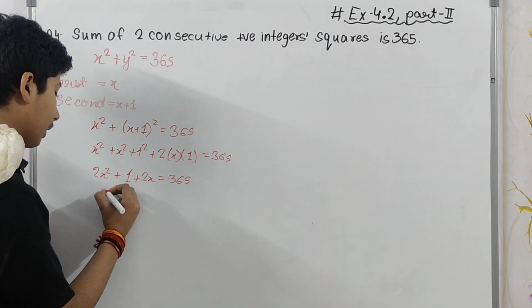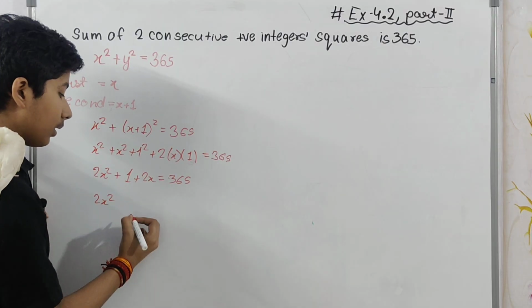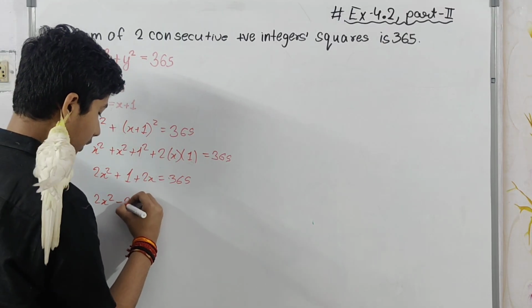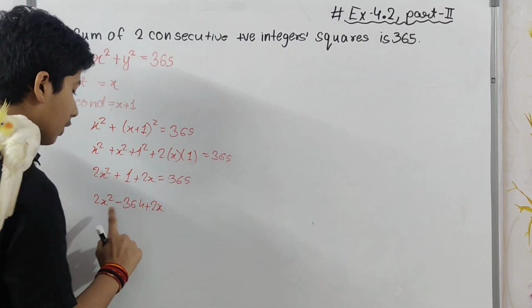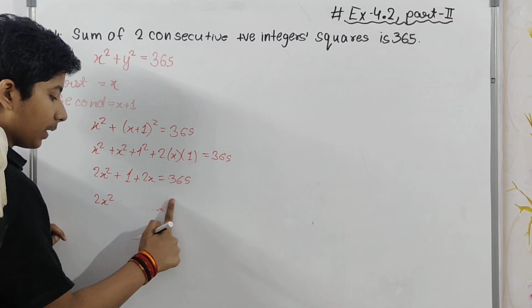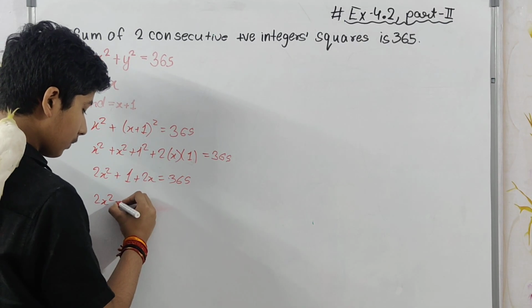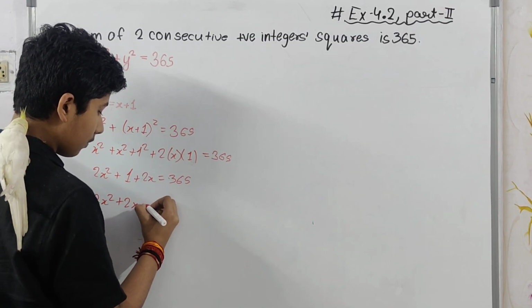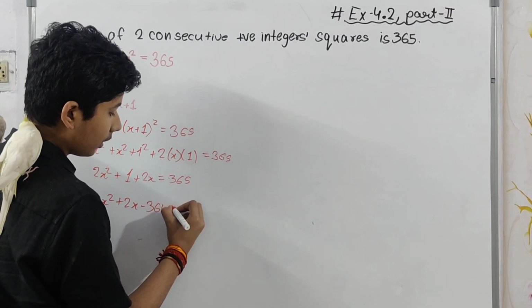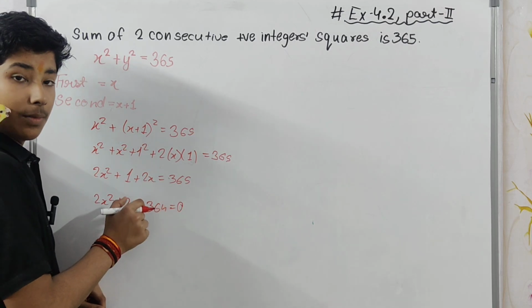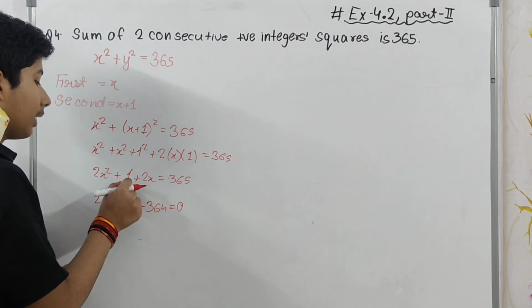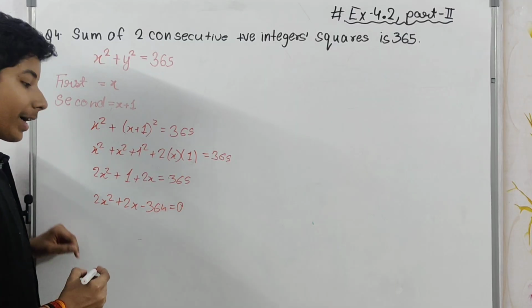When we send it that side, it becomes 2x square minus 364 plus 2x. Or you can just replace them, 2x square plus 2x minus 364 equals 0. Why 364? Because 365 here comes and becomes negative, and here positive 1 was there, so they get subtracted.